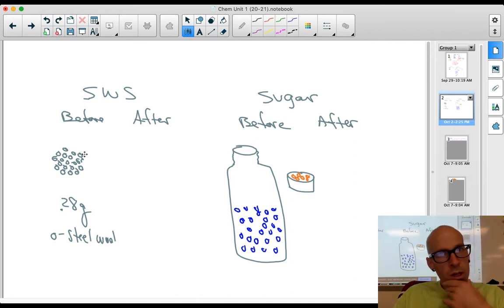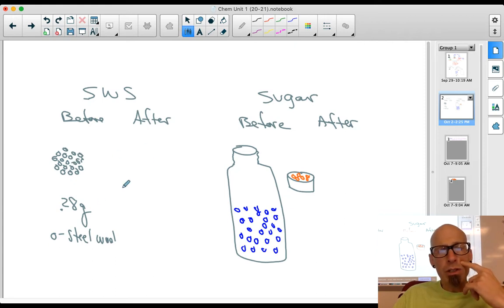That's the only reasonable explanation I could think of. So maybe on the after picture, if your mass went up, you not only have all of your steel wool particles, you may also have a couple of water particles in there that you didn't know were there, but have to be because your mass went up. That seems to be the only logical reason why your mass would go up.